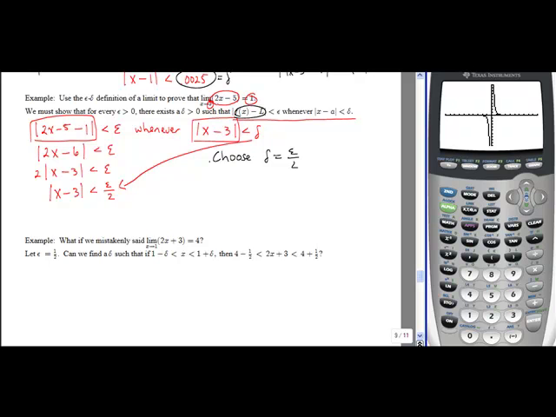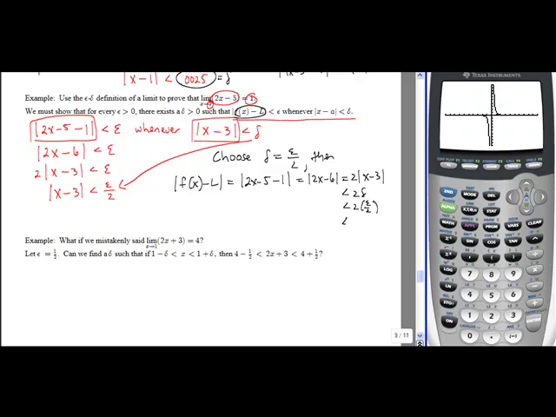of our function minus L becomes 2x minus 5 minus that 1, which was 2x minus 6. Pulling out the 2 gives me that x minus 3, and we are letting x minus 3 be less than delta, and our delta here is this epsilon over 2.